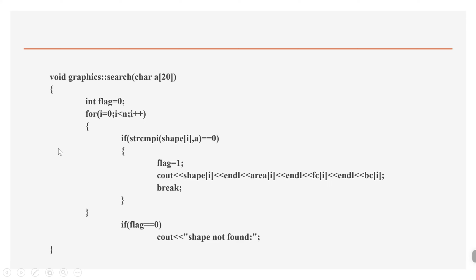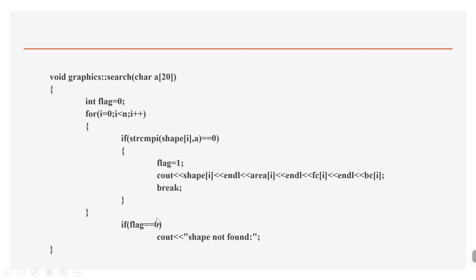Now searching. It's a very simple program. What am I searching? I'm searching the shape with the given shape, which I take from the main program. I'm searching all shapes against the one which I take from the main program. If it is 1, say shape is found. If it is 0, say shape is not found. So if it is 1, then give the details about the shape.